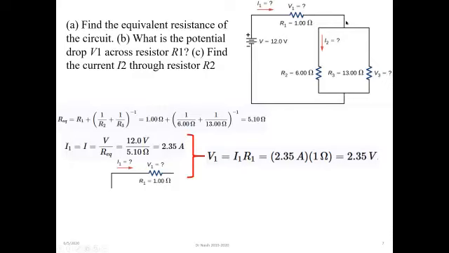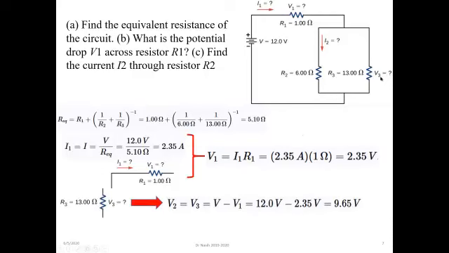The potential difference across this one plus the potential difference across that one will be 12. So 12 minus the potential difference across this one gives the potential difference across the other. As I said, this equals the net potential difference minus the potential difference across this one, which means the result will be 9.65 volts across this one.